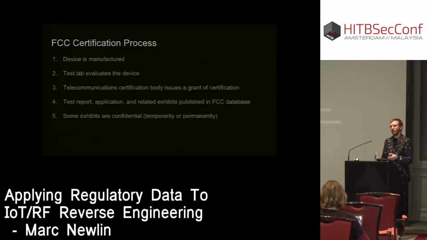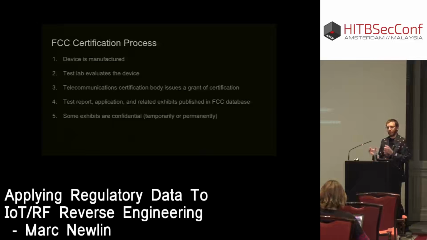In order to sell a device in the US, you have to go through the FCC certification process. It starts when you make your device. You then send it off to an accredited test lab. The test lab will operate your device in an environment and basically see what the RF behavior is. That might be things like, what channels does it run on, what's the duty cycle, what power does it transmit.